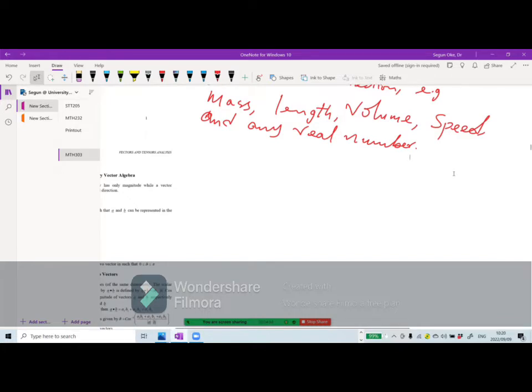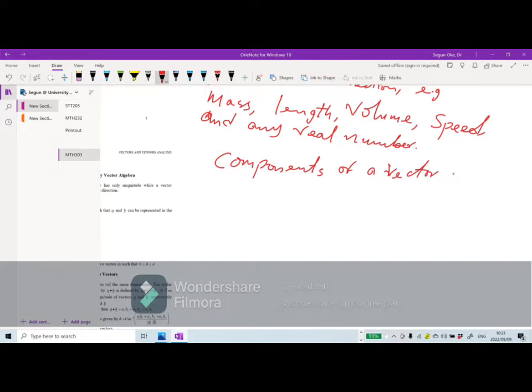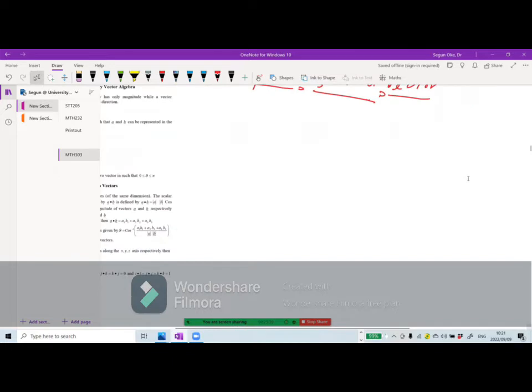When we are talking about a component of a vector, under the component of a vector there are certain things we need to know.